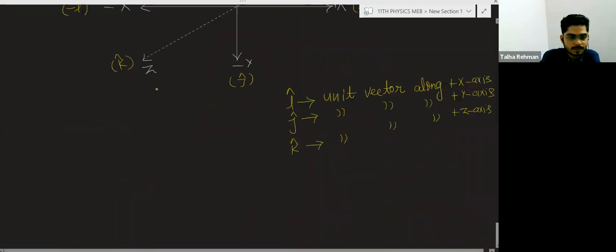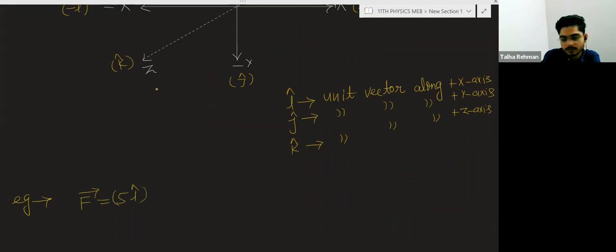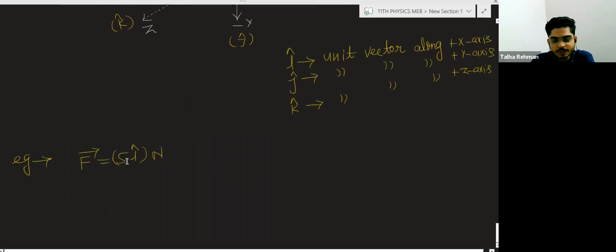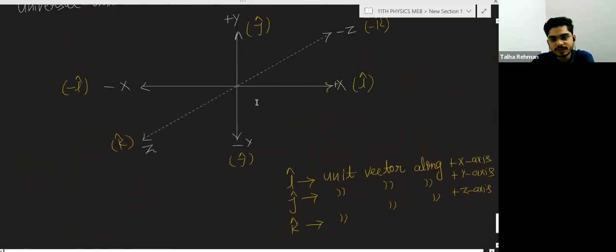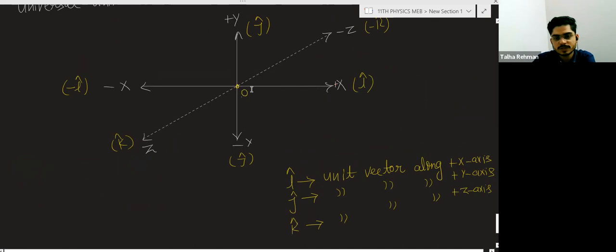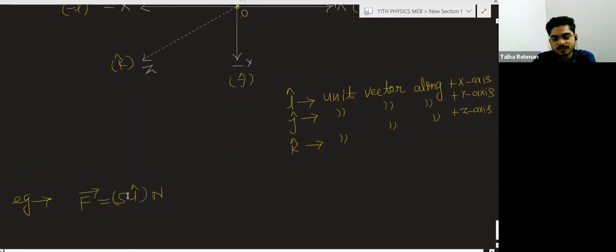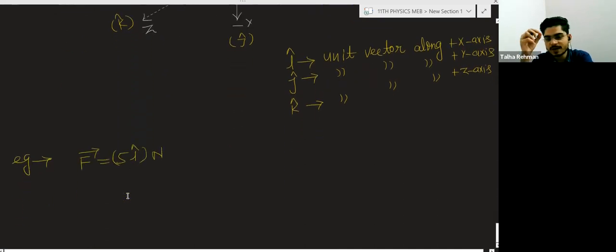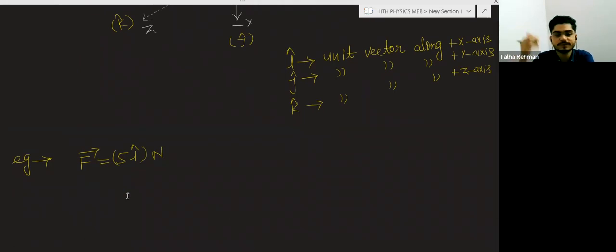For example, suppose I have written F vector equals 5 i cap Newton. What is the meaning of this? This i cap represents the positive x-axis, in this direction. This is the origin. The meaning is a force of 5 Newton acting along the positive x-axis.